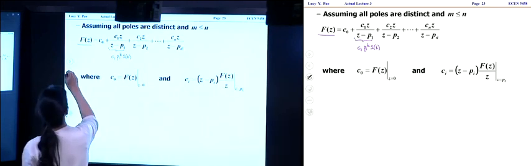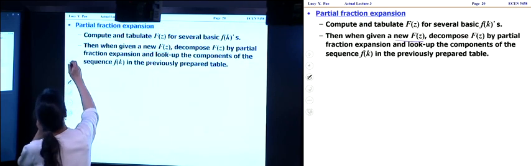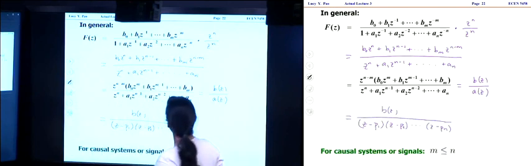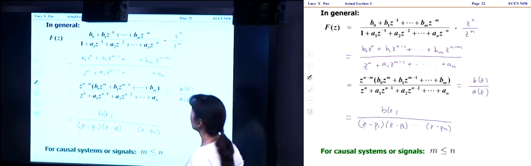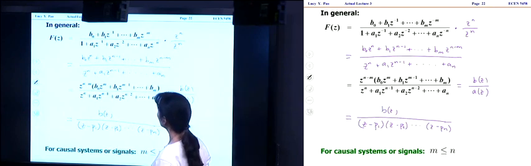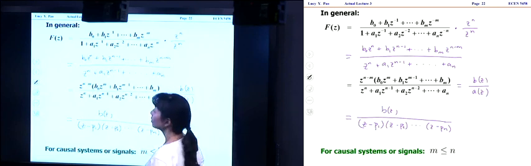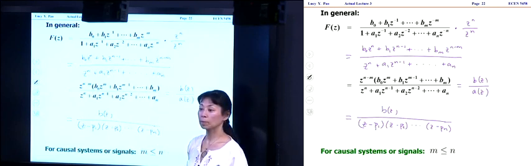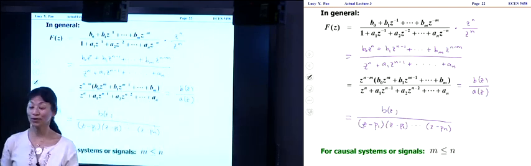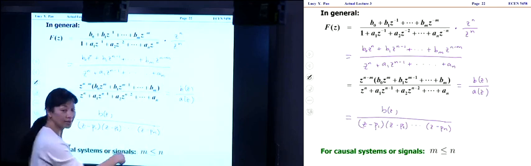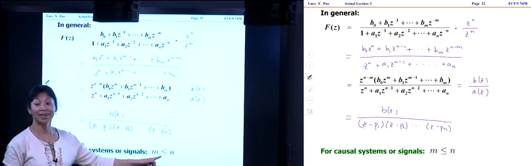And when is c0 non-zero? Okay, when the numerator is, okay, so assuming it's a causal system, c0 will be non-zero only if m is equal to n.